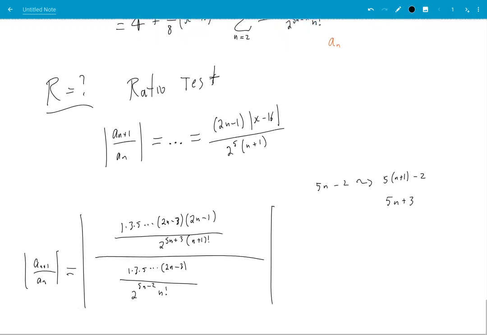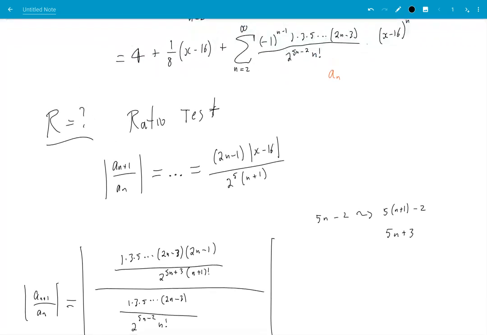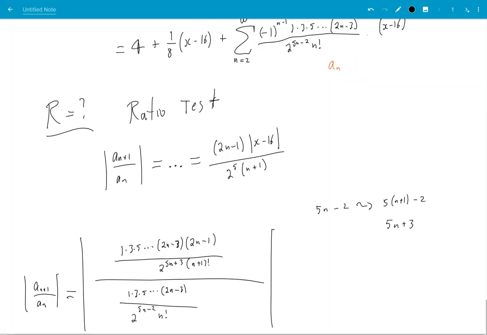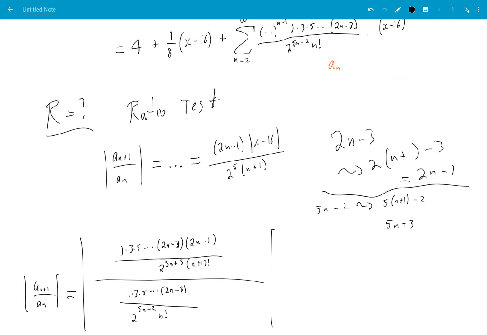Okay, let me just double check that before I go on. Yeah, okay. The hardest thing is this 2n minus 1. You're just taking 2n minus 3, and then you replace the n with n plus 1, and you get 2n minus 1.